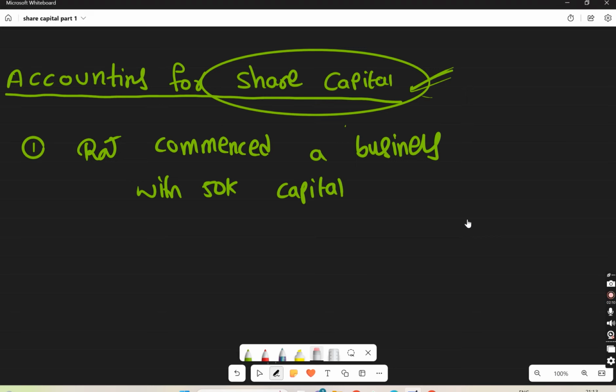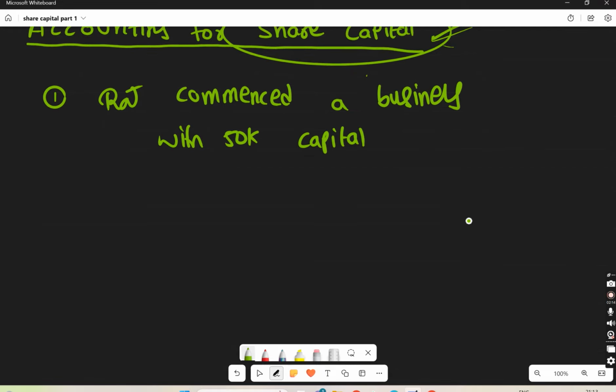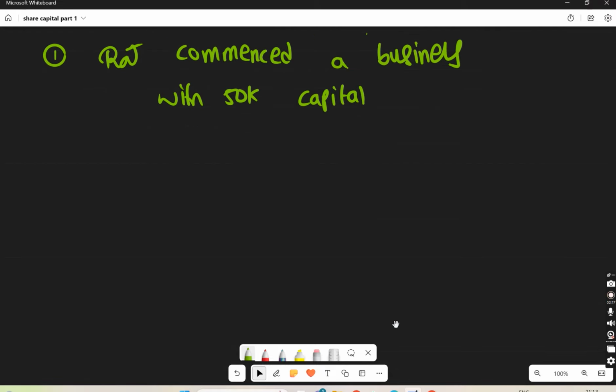So there is something called the rules of debits and credits, right? This is basic. If you have forgotten, make sure you write this down because we are going to keep on using this in entire accounts. So rules of debits and credits. What should be debited?